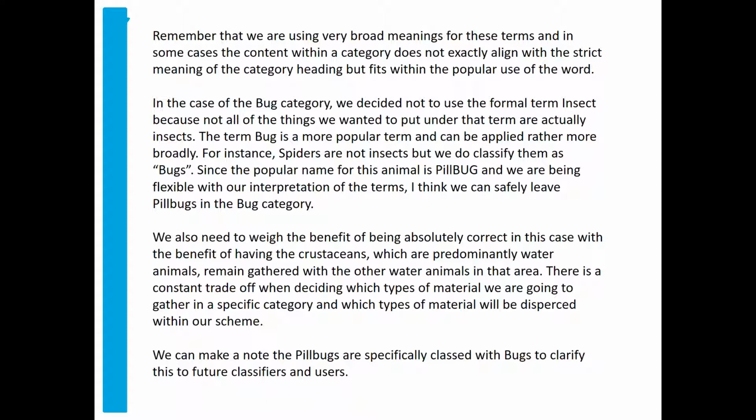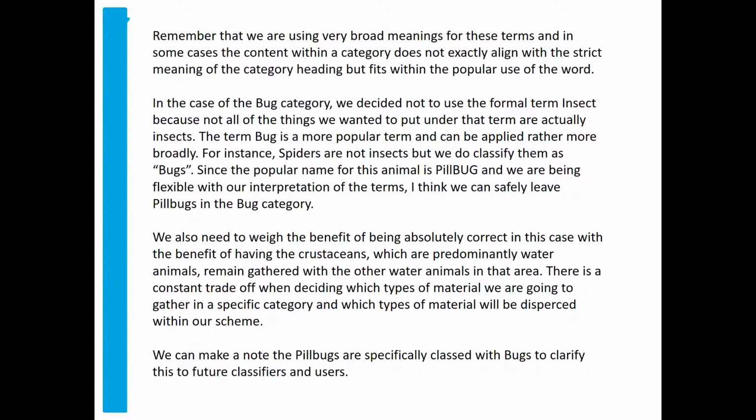So we ran into a question about pill bugs. Pill bugs are technically crustaceans. But because most crustaceans that we have material about in our children's collection happen to be water-dwelling animals, the term crustacean ended up under animals underwater, where we gathered together all the water-dwelling animals.